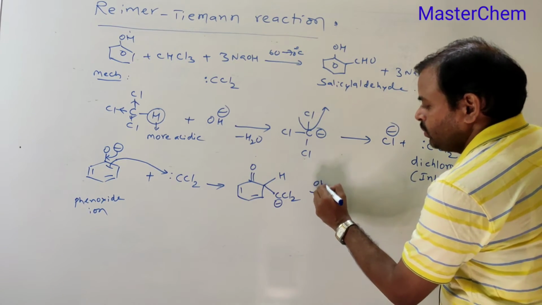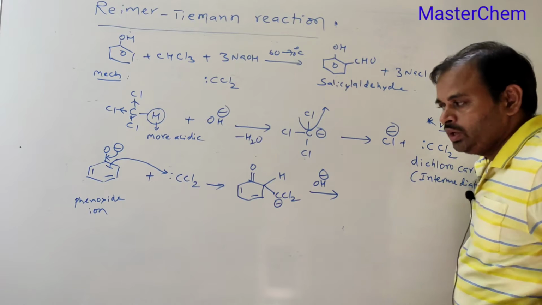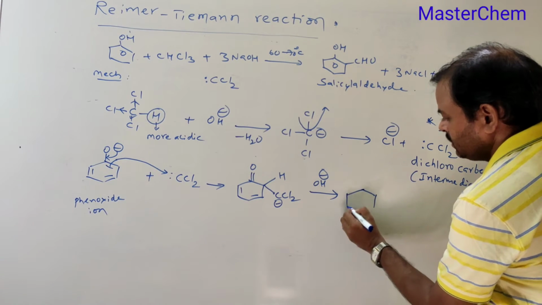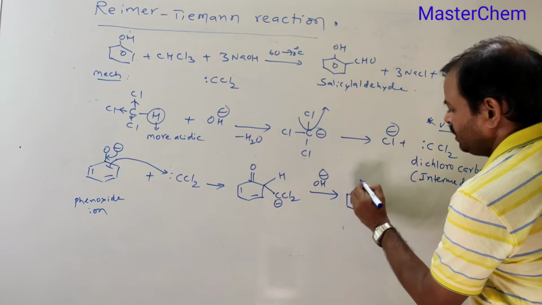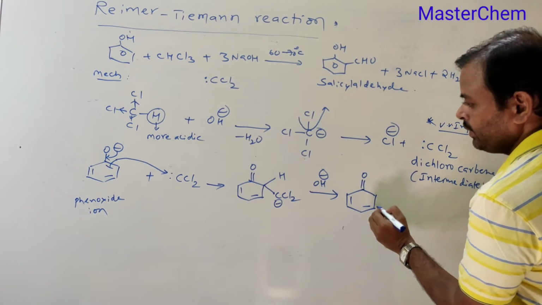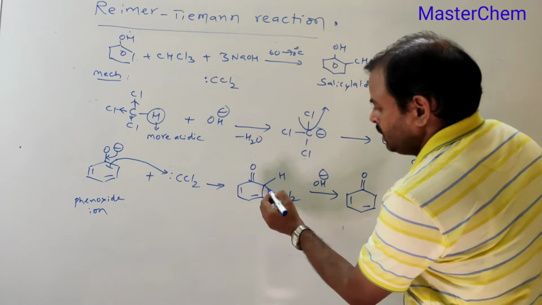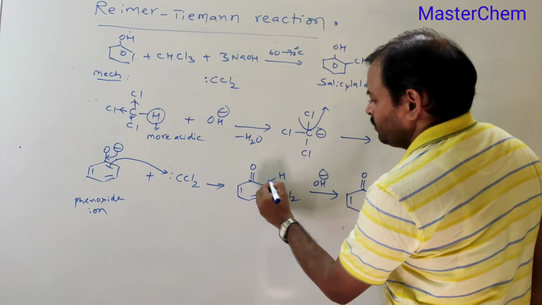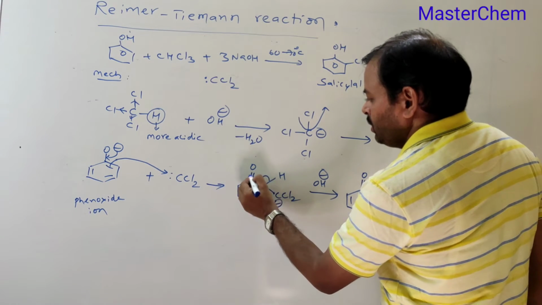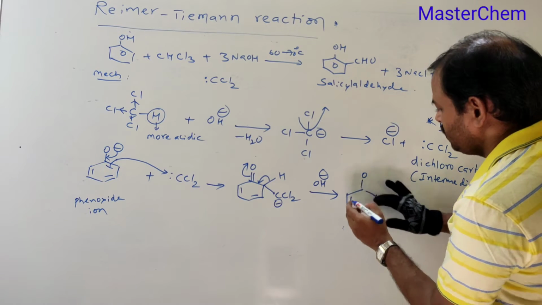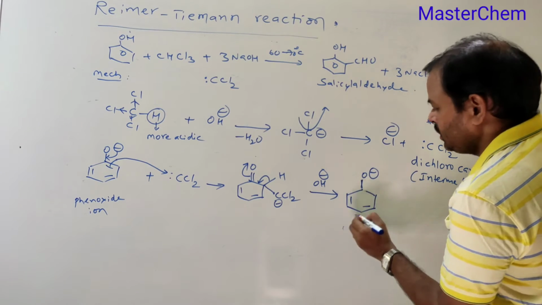Now with OH minus, with NaOH, what happens here? Double bond O. Due to this delocalization, oxygen gets a negative charge.